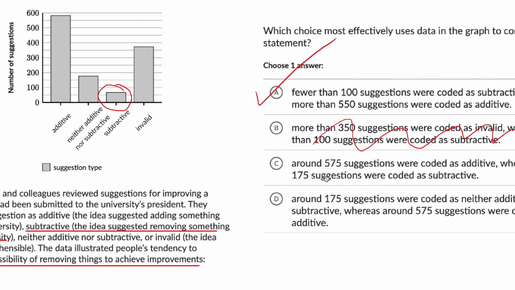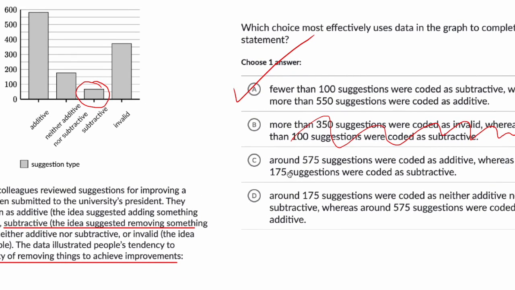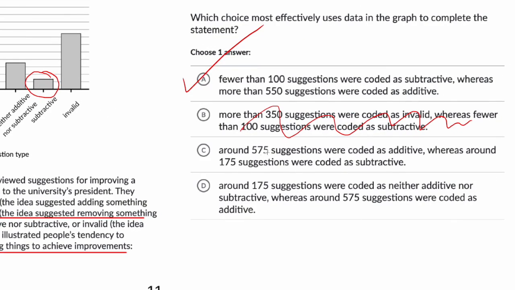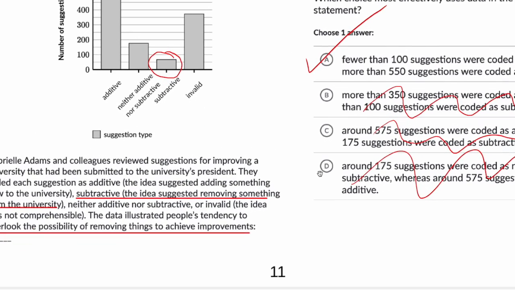C is potentially relevant, but it's just inaccurate. It's saying 175, but 175 corresponds to that bar, neither additive nor subtractive. And then D doesn't mention anything about subtractive suggestions, and so that will be A.